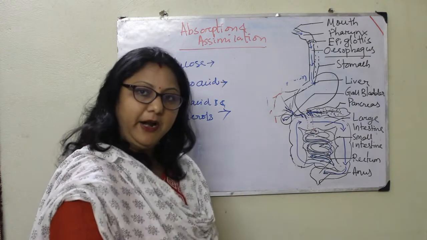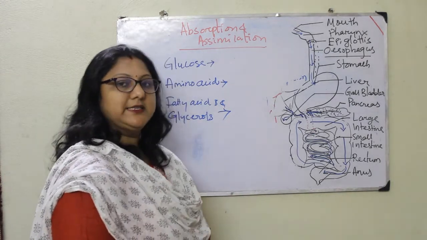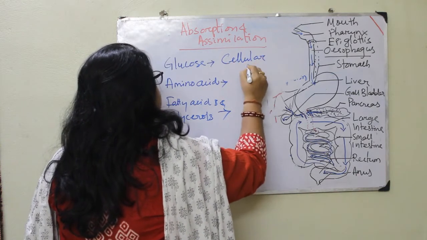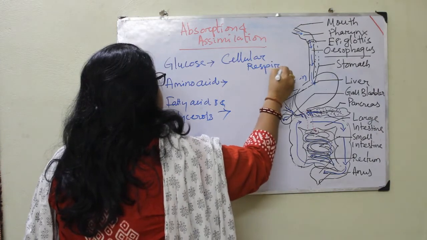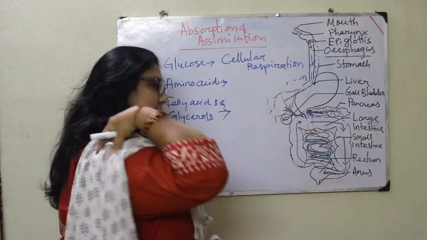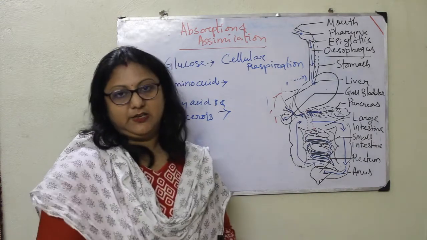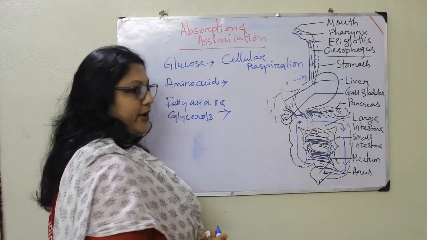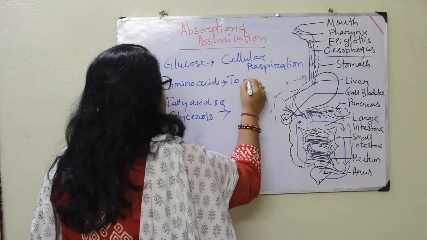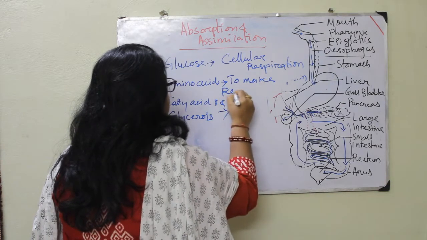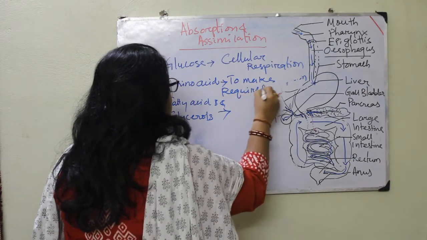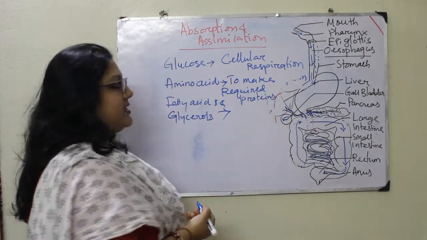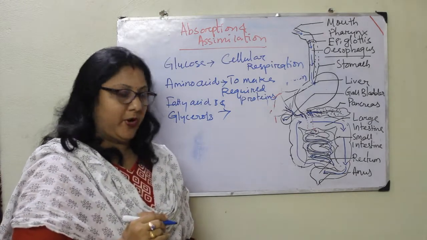Glucose is utilized, as you have already studied in lower classes, for cellular respiration, to get energy, right? Amino acid is utilized for building our body, to make required proteins for our body, right?